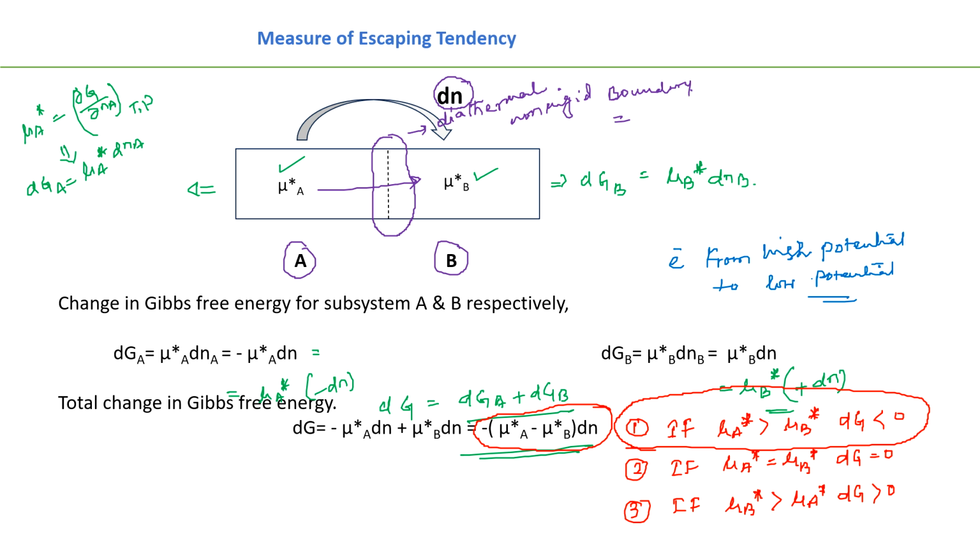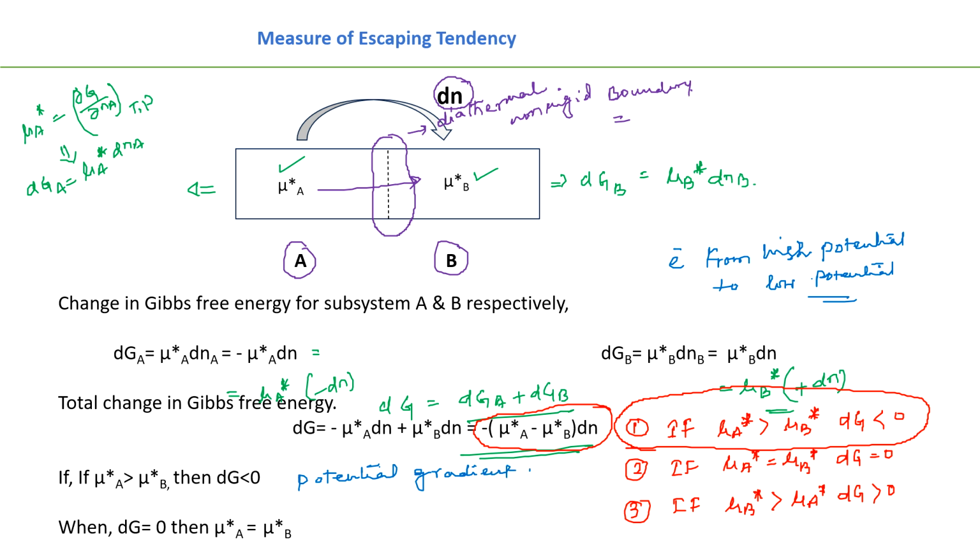And in the same way, if there is a potential gradient, then matter can transfer from higher potential to lower potential.